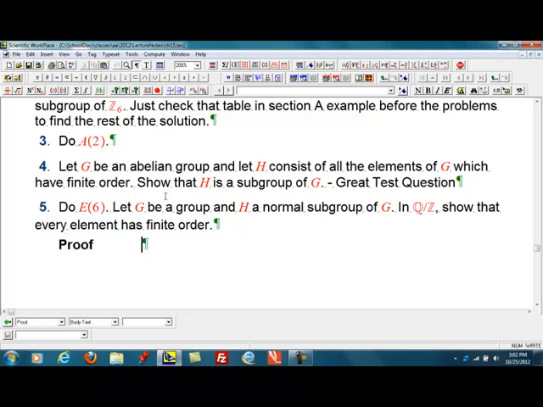How do you show that something has finite order? How do you show something has finite order? What does it mean for something to have finite order? Yeah, the order isn't infinite, but what does the order of an element tell you?